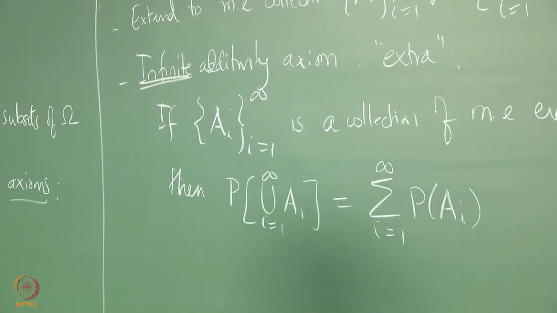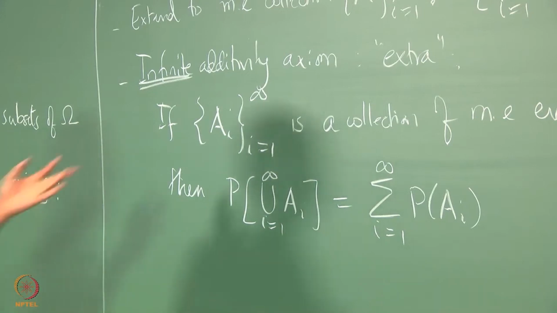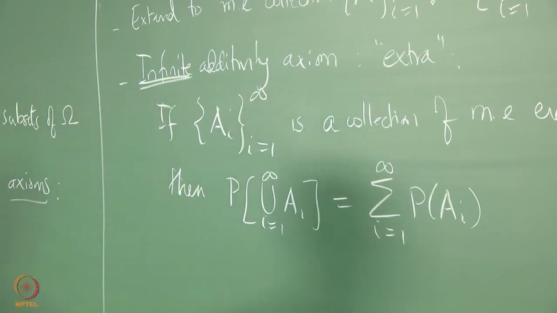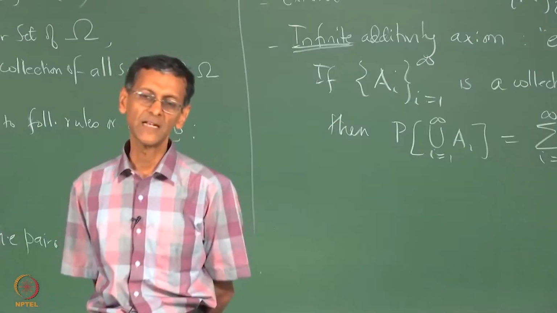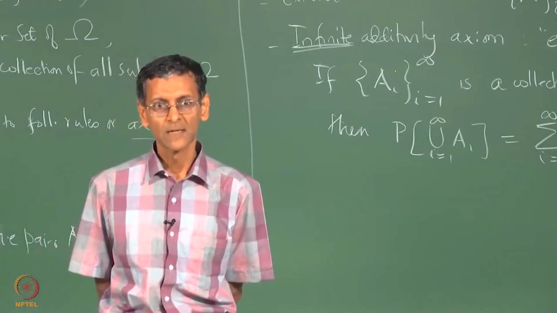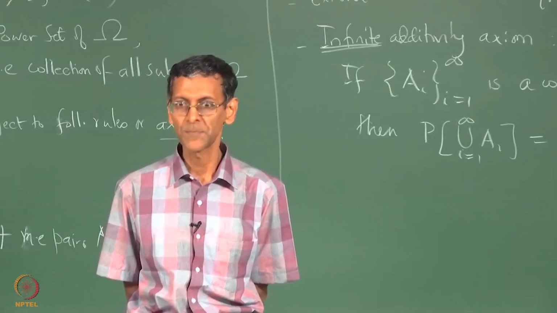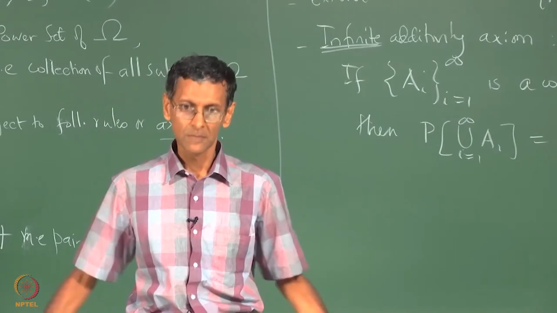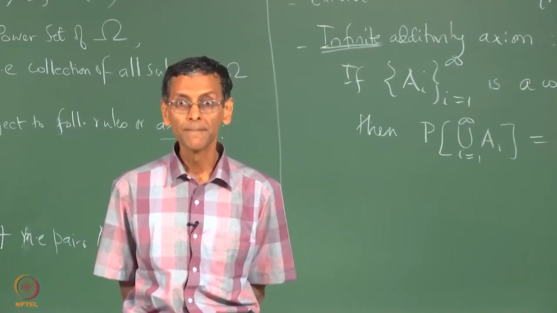So the infinity really does not cause any problems at all. And obviously you will run into this kind of situation when your Omega is big enough to support an infinite collection of subsets, whether countable or uncountable.